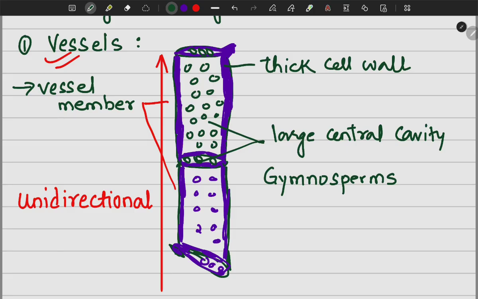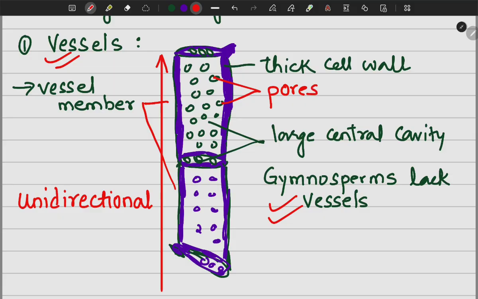They are non-flowering plants but they have seeds. So gymnosperms lack vessels, and vessels are present in angiosperms, hence they are an important characteristic feature of angiosperms. Alright, so this is an important point to remember. And we can see these are the pores. Through these pores the water is passed from one vessel to the other.